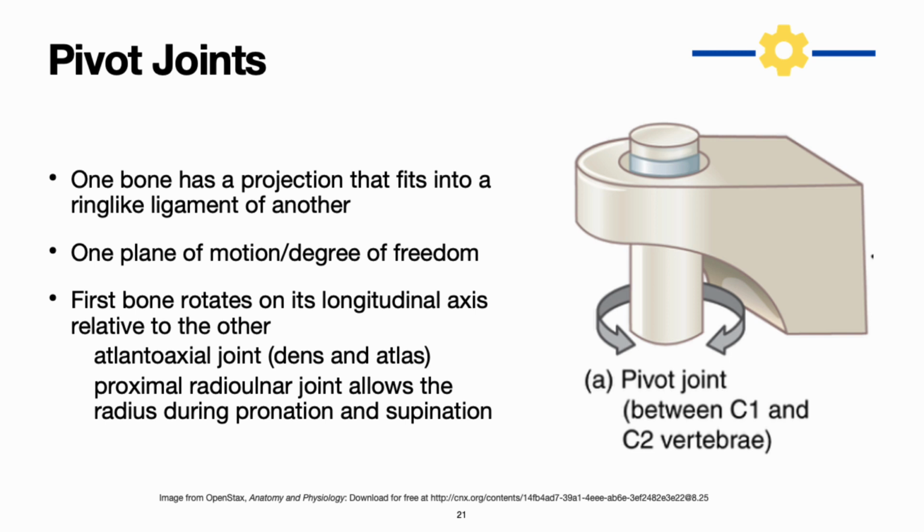And again, one rotates upon the other. The atlantoaxial joint, that's the joint between C1 and C2, is a pivot joint. And then the proximal radioulnar joint, the radius rotates on the ulna. And again, that's a pivot joint as well.